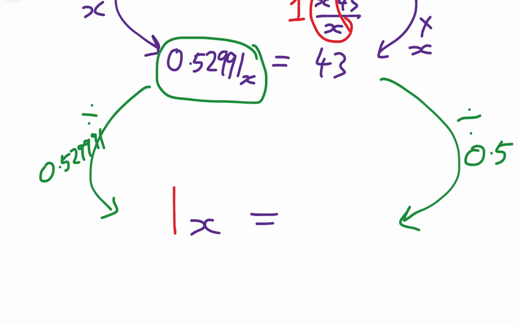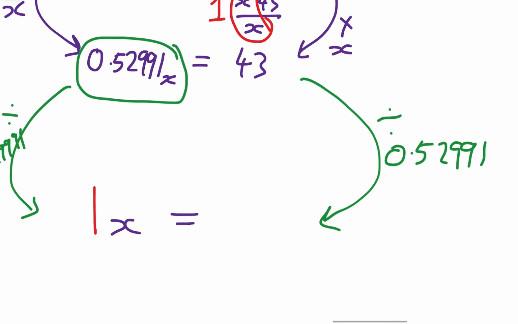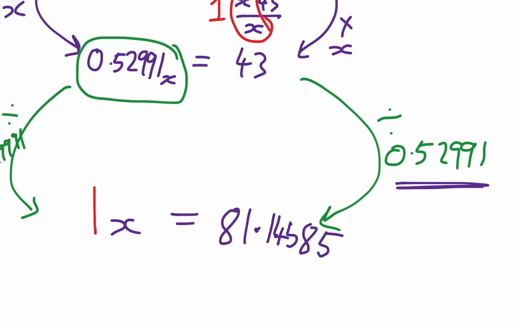So the bit I can do in the calculator is 43 divided by my decimal. So it's 43 divided by 0.52991. I'll be ever so slightly off if I just use that. Not so much. 81.14585 is probably accurate enough for most things. Again, if I want to get really accurate, I'll just do 43 divided by sine 32.